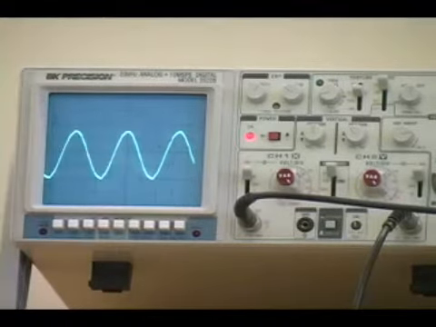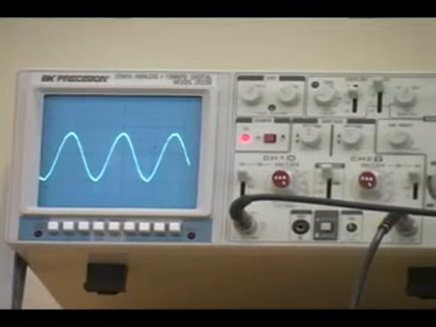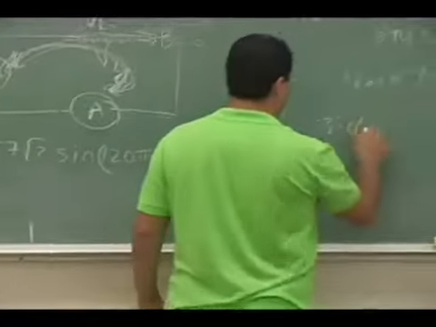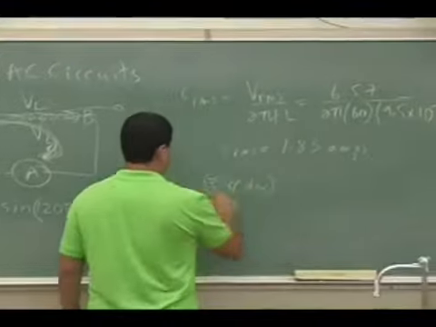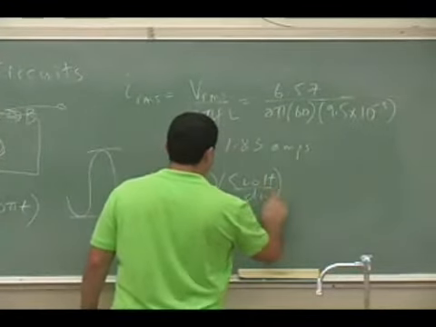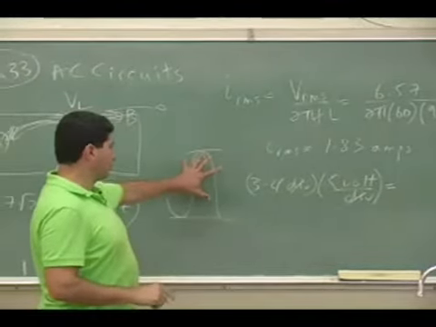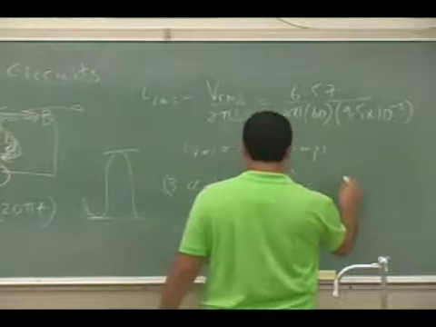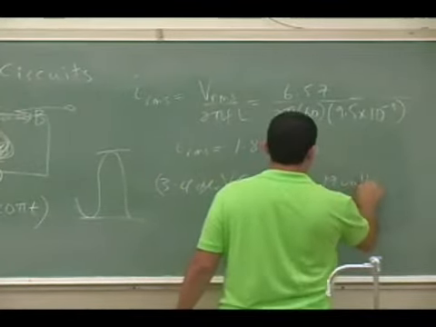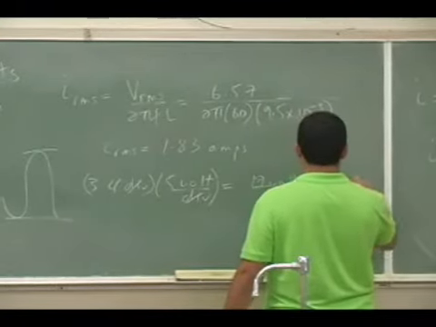This is the scale, 5 volts per division. So 3.4 divs times 5 volts per div. That gives you the total amplitude, right? That's 17 volts. Divide that by 2, you get 8.5 volts.